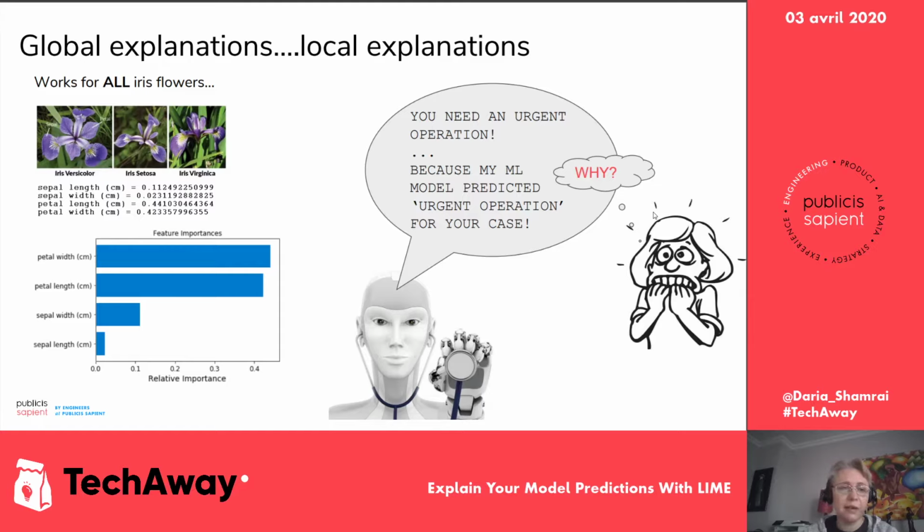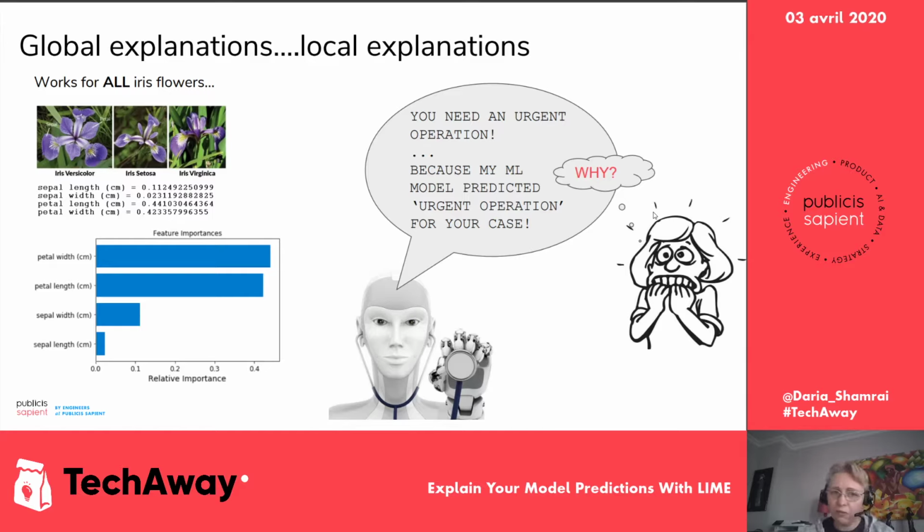So here is an example of the very well-known iris flowers classification dataset. Everybody who begins to study data science probably uses it for educational purposes, but for our illustration, it works as well.